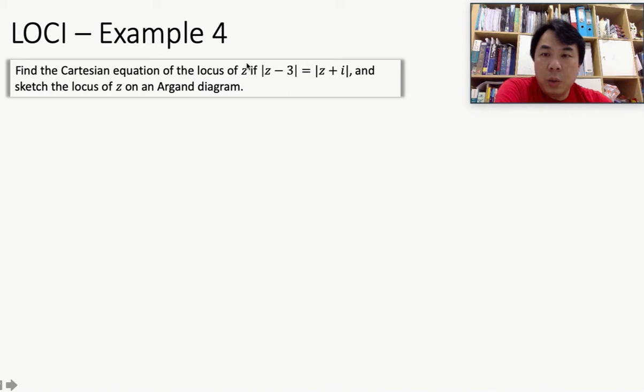Now we are going to work out its Cartesian equation first, and then we can try to sketch it on the Argand diagram. Right? So as usual, we're going to use the same definitions. We'll let z equal to x plus iy, and then substitute this into its complex equation.